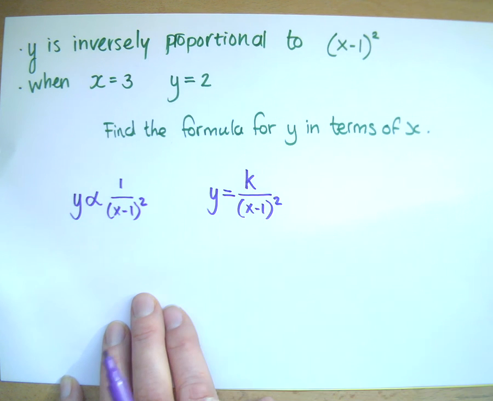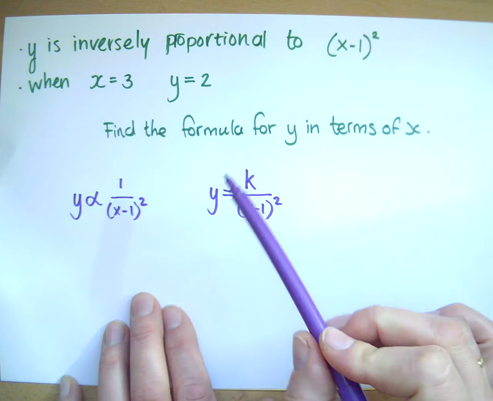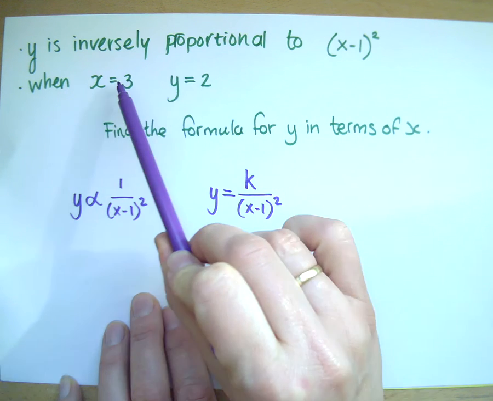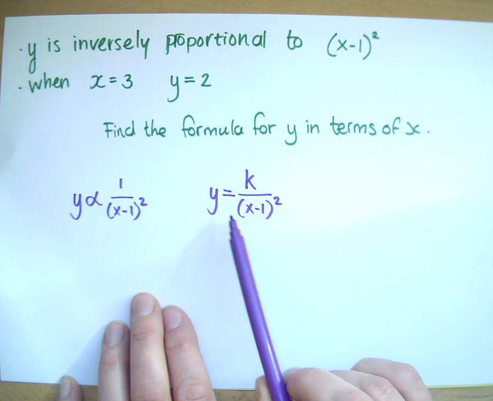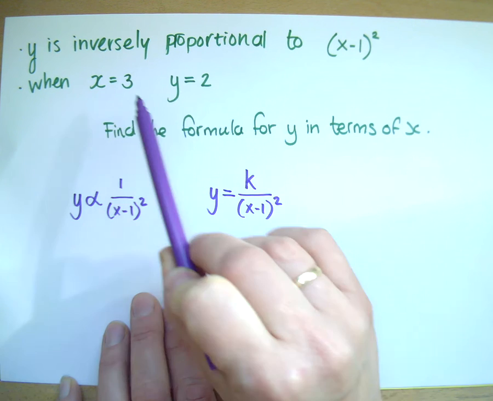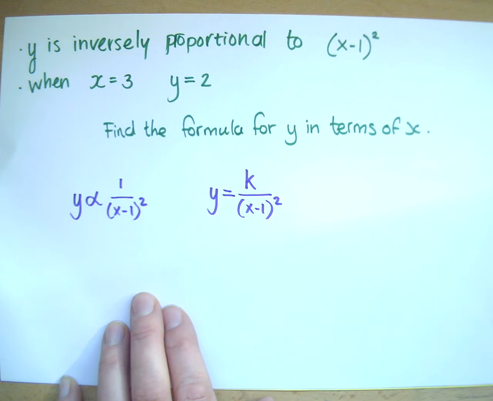All we need to do is to find the constant. We know two of the values that go into this equation. If we plug those in, we'll be able to solve for k and find our general formula.